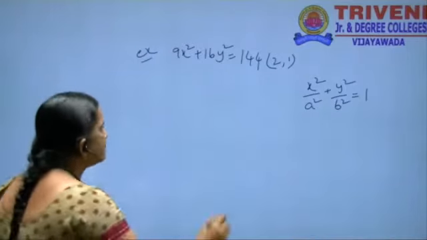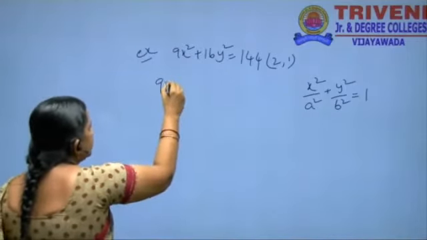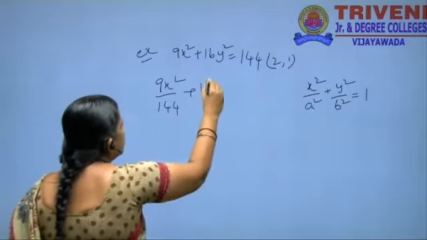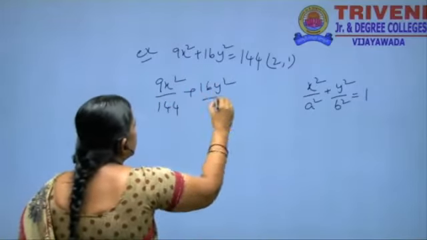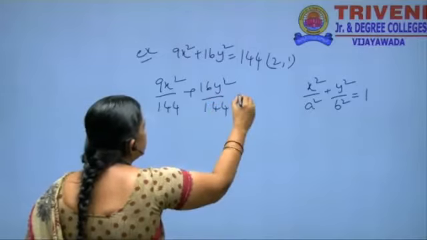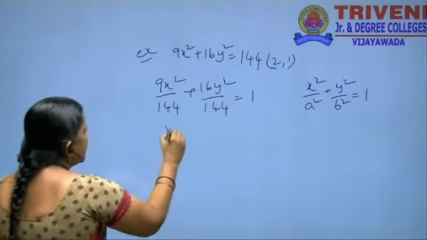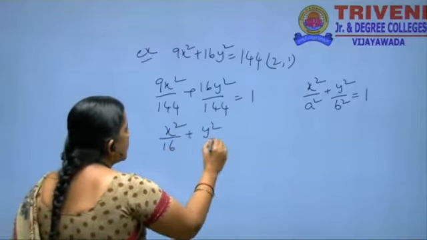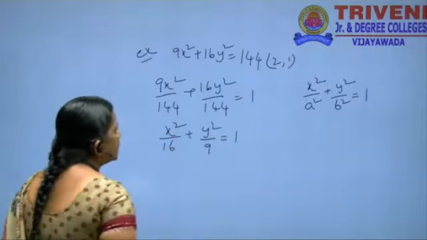Dividing throughout by 144: 9x square by 144 plus 16y square by 144 is equal to 1. We get x square by 16 plus y square by 9 is equal to 1.